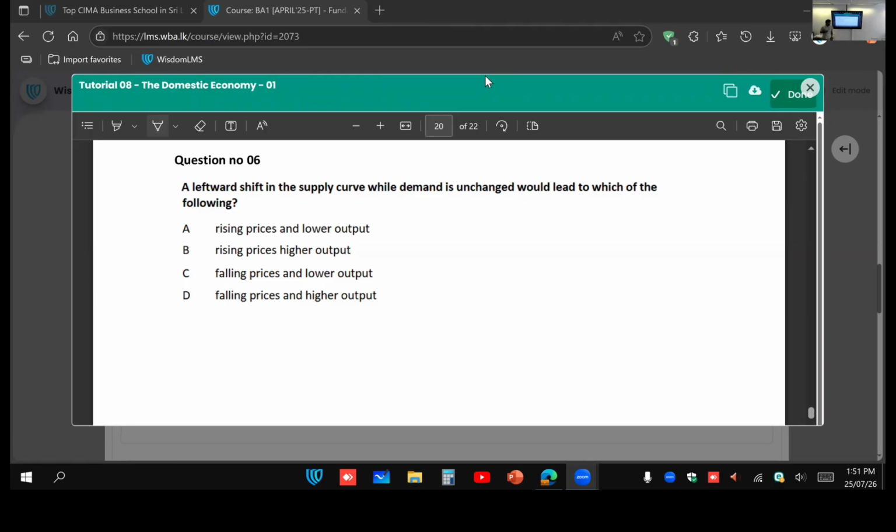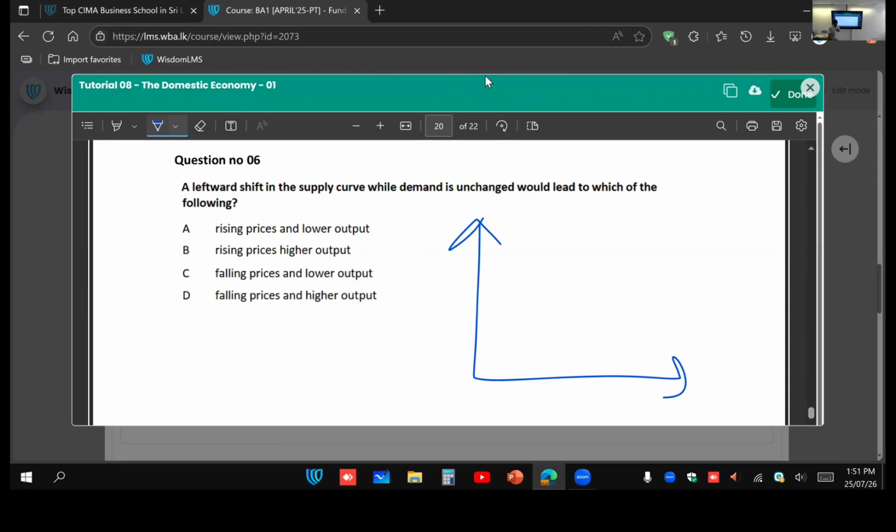Right? Okay. Here, supply curve question. Easy. Leftward shift in the supply curve. How can I draw the supply curve? Do you remember? Axis I will draw. Supply curve.